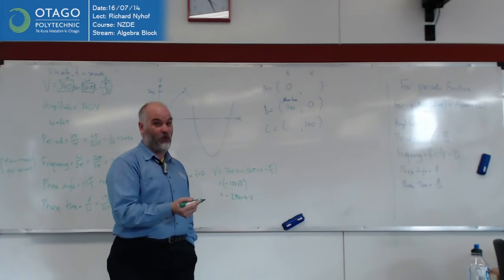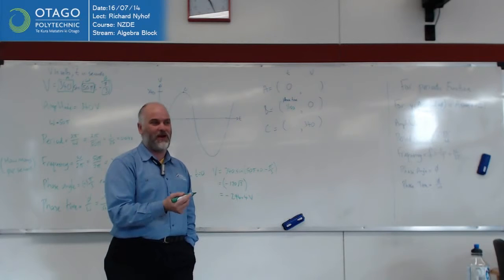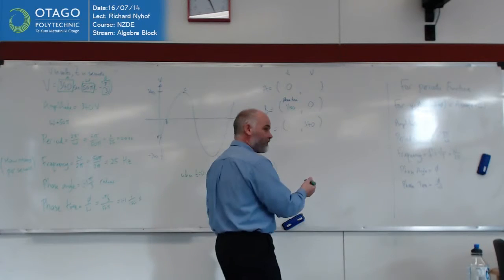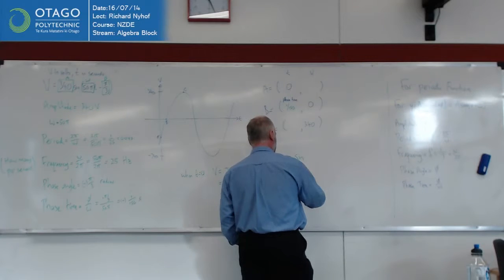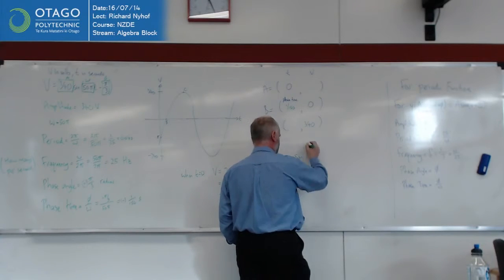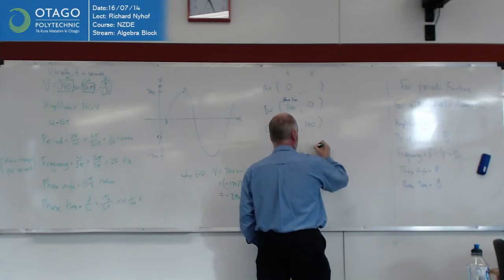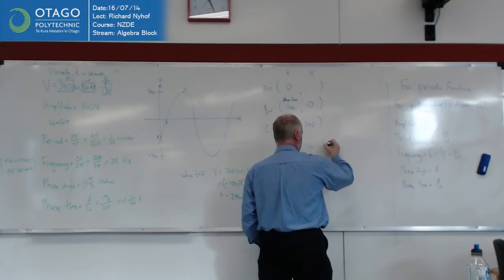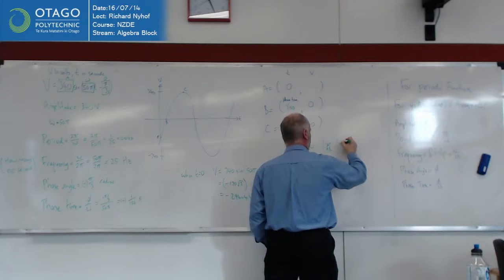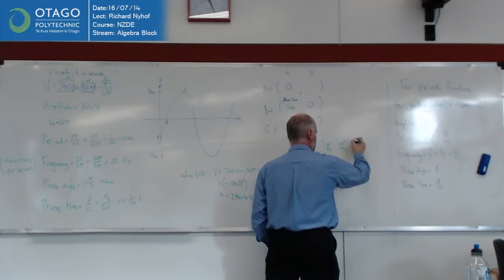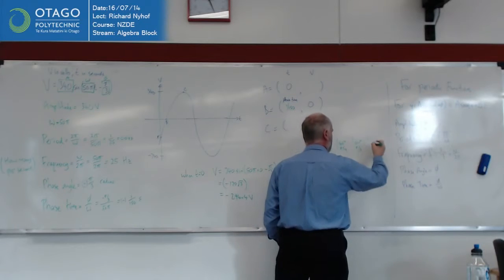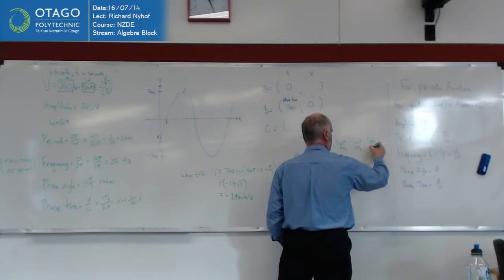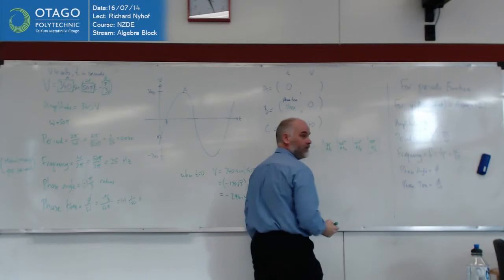When I was in the 4th form, so we're going back 30-something years, I had to learn by heart sine, cosine, tan, for 0 degrees, 30 degrees, which is pi over 6, 45 degrees, which is pi over 4, 60 degrees, which is pi over 3, and 90 degrees, which is pi over 2.